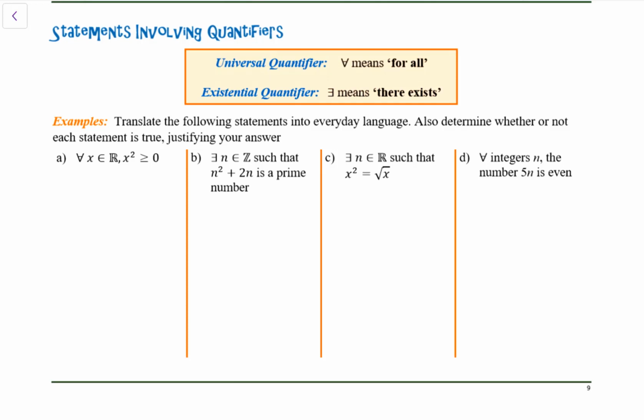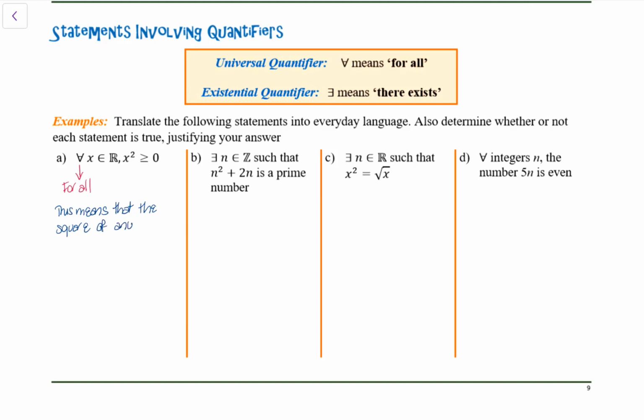Also determine whether or not each statement is true, justifying your answer. For the first one here, upside down A means for all.